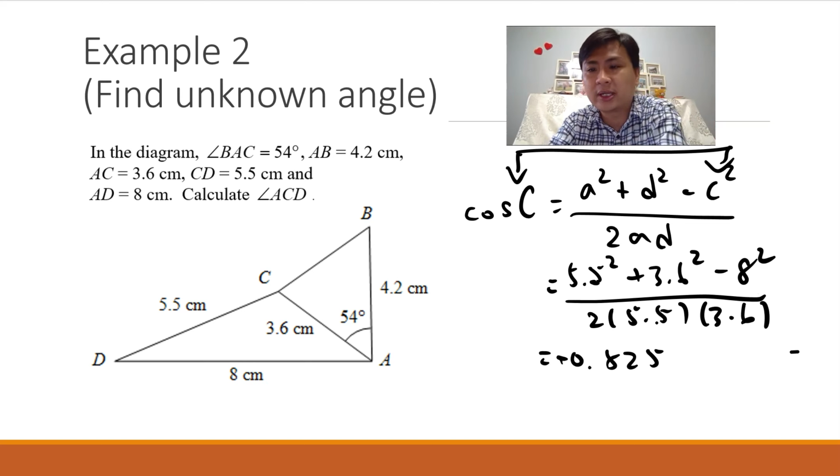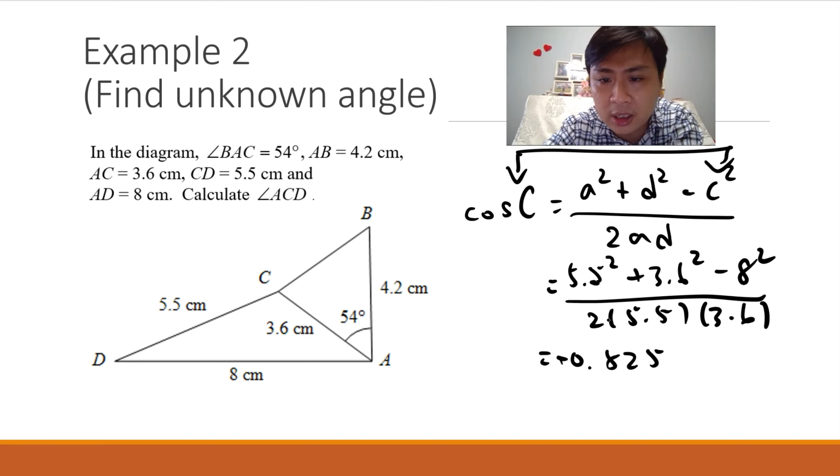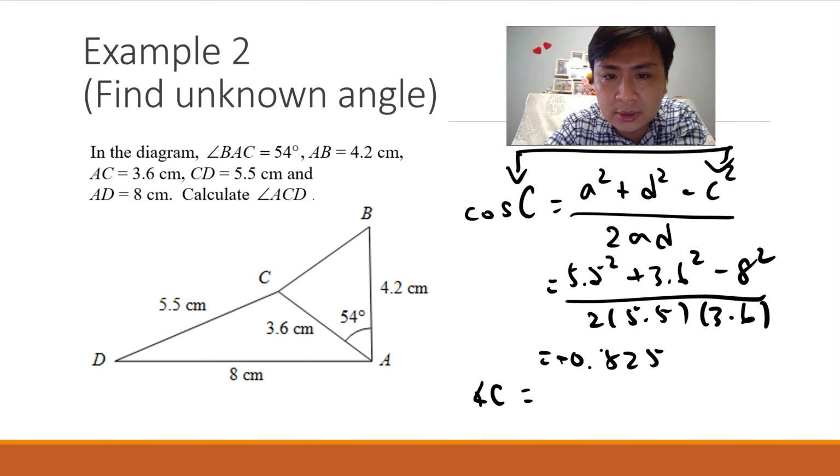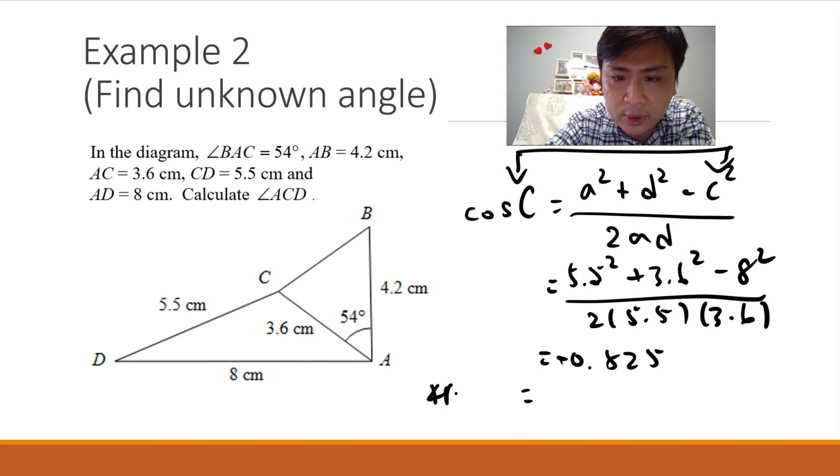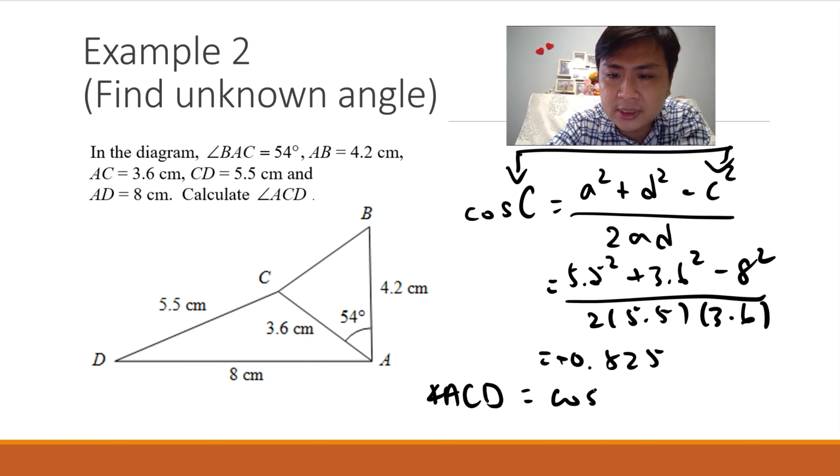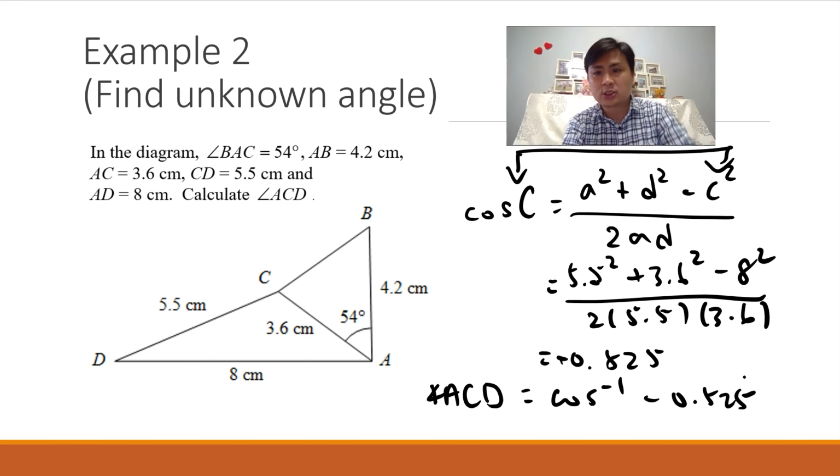To find our unknown angle, we now need to take the inverse of cosine. Angle C, or angle ACD, since we want to answer the question, will be equal to cosine inverse of negative 0.525. To press the cosine inverse button, we press either the shift or the second function button followed by the cosine button, and key in the number.